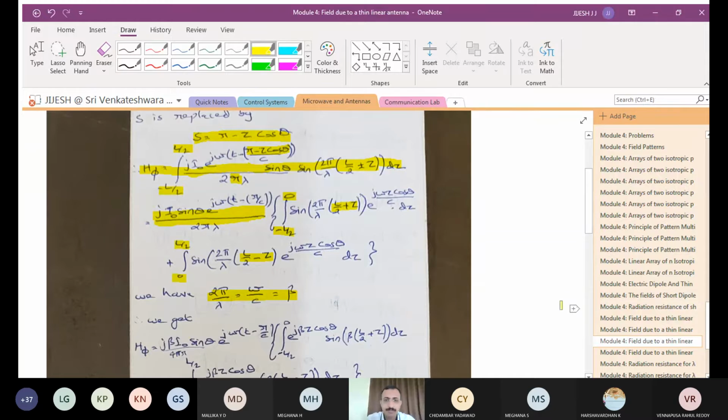So you can see that 2 pi by lambda, I have replaced it as beta. Here also 2 pi by lambda, I have replaced it as beta.